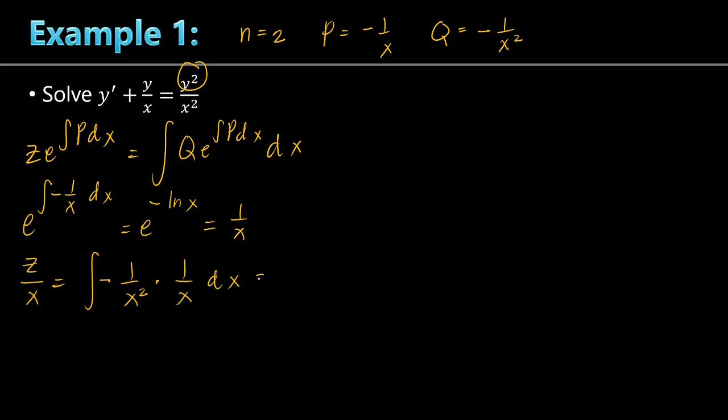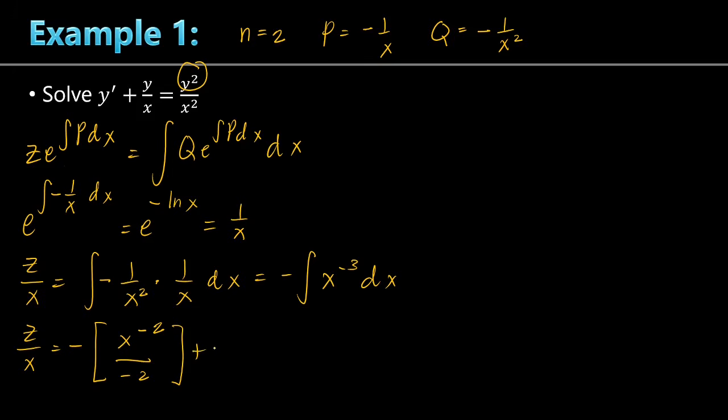So, this is just the negative of the integral of x to the negative 3 dx. Na kapag in-integrate natin, negative of x to the negative 2 over negative 2, and then, of course, plus c. Negative of negative will give us positive. So, that's 1 over 2x squared plus c.